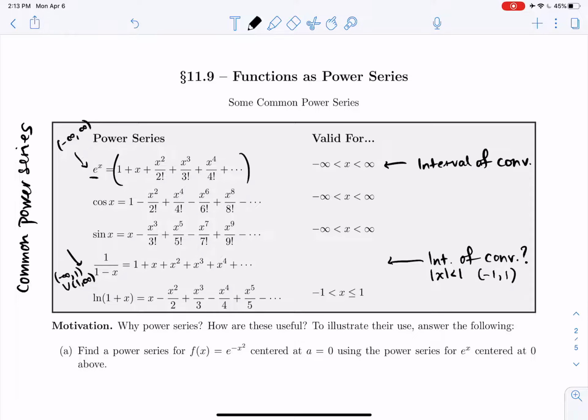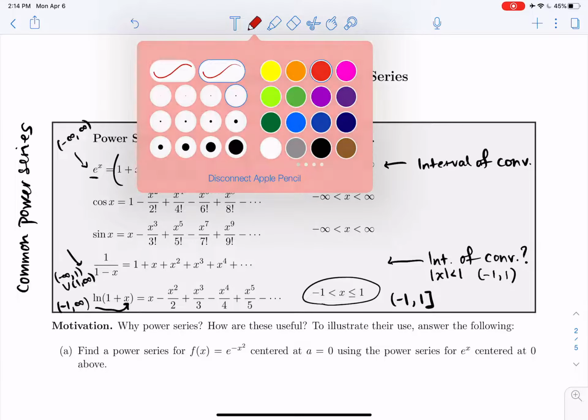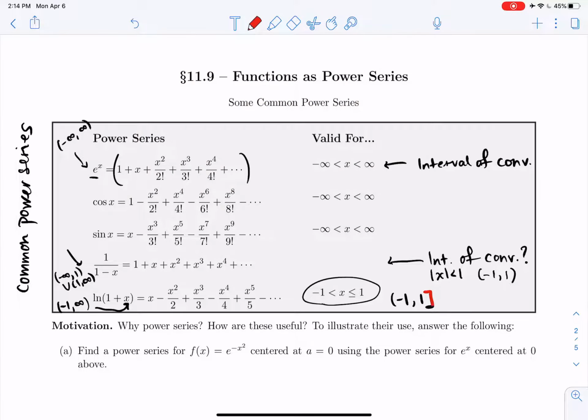Okay, similarly, natural log of 1 plus x, that thing has domain all numbers where 1 plus x is bigger than 0. So anything between -1 and positive infinity, we're allowed to plug in for x here. However, the interval of convergence for this function is -1 to 1, including 1. And remember that the radius of convergence doesn't always tell you the whole story.